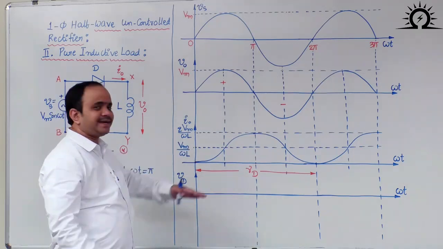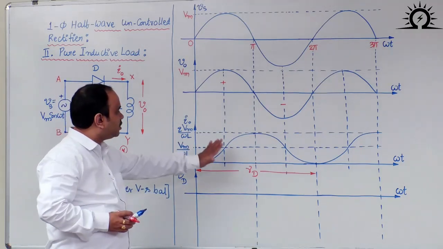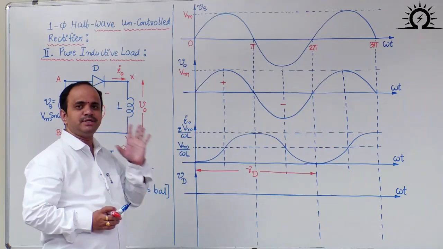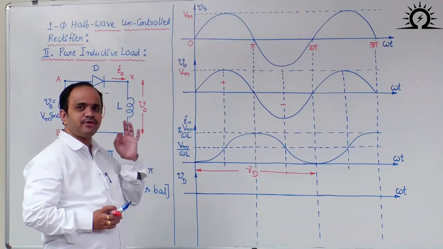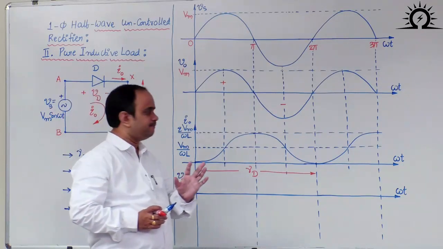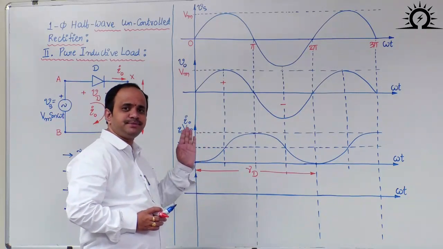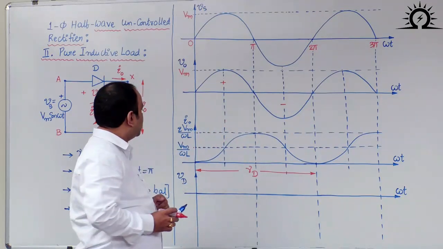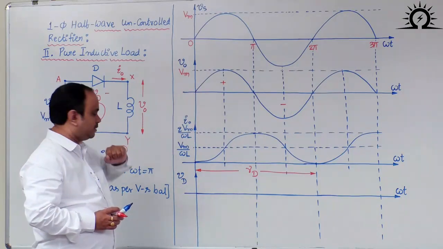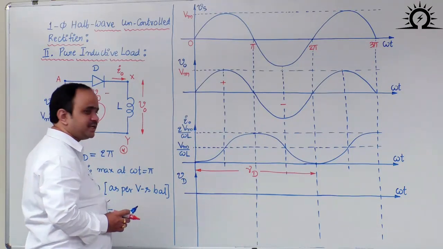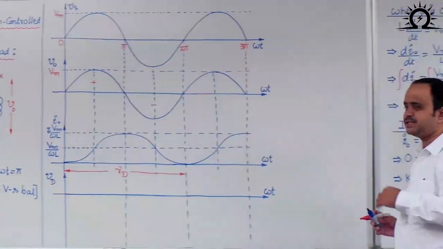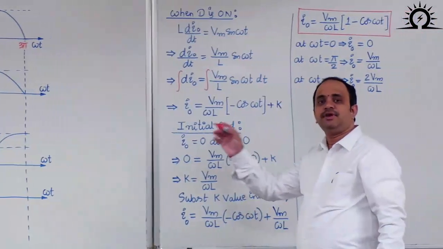Whenever you get that type of ambiguity, always depend on the waveform. Don't follow the mathematical formulas blindly, and don't try to mug up these formulas. Understand the waveform clearly. Draw the waveform with your own hand, even though lecture notes are provided. Then only you will understand the basic concepts of the subject. So now we have a contradiction: the average output voltage is 0, but the average output current you cannot express as V naught by some number. Whenever you have that type of discrepancy, you should always depend on the waveform approach.